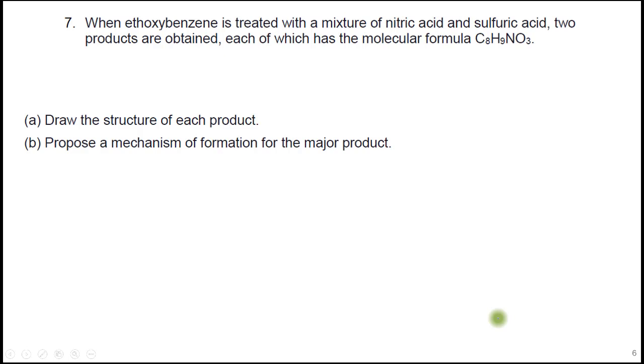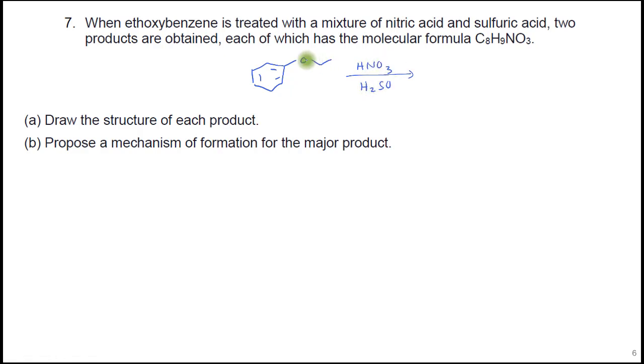When ethoxybenzene is treated with nitric acid and sulfuric acid, 2 products are obtained, which have the molecular formula C8H9NO3. This is ethoxybenzene. We have HNO3 and H2SO4.